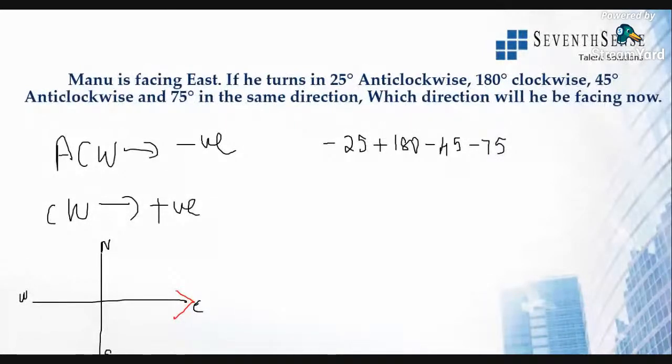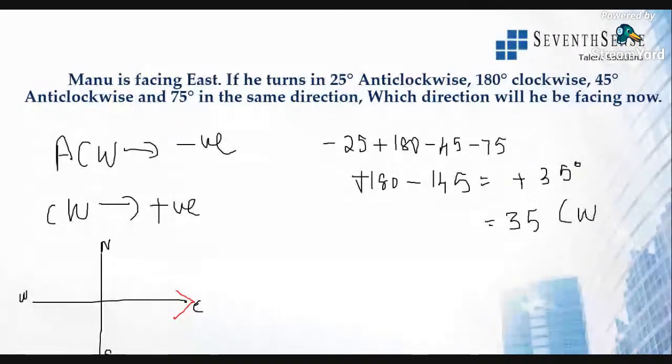So in the end, what will the value become? 75 plus 45, 75 plus 25 is 100. So it will become plus 180 minus 100 plus 45. It is 145. So what is the value? It is plus 35 degrees. So this means he needs to turn 35 degrees clockwise.